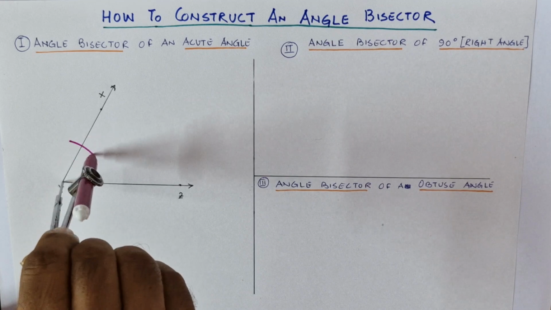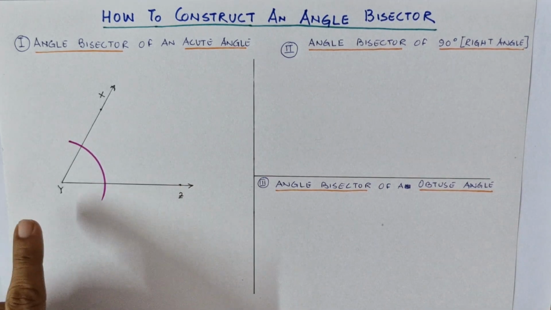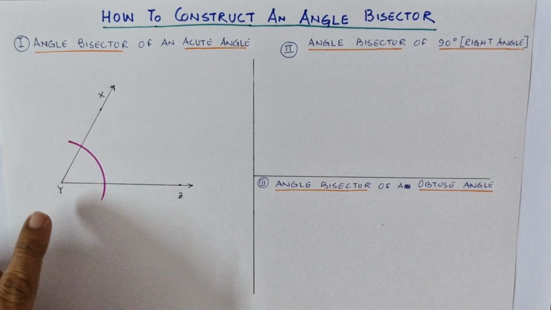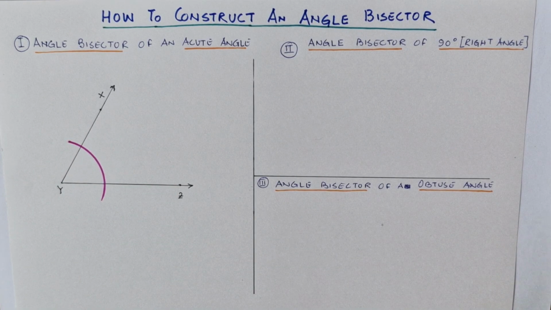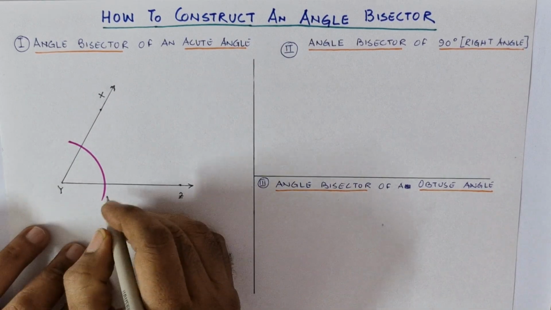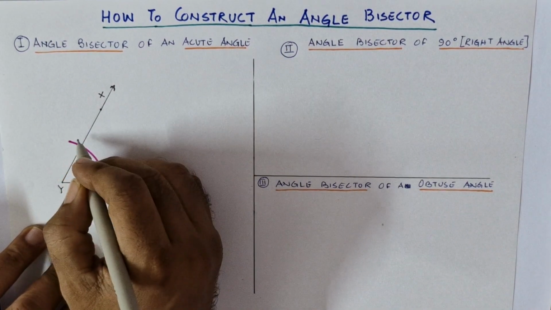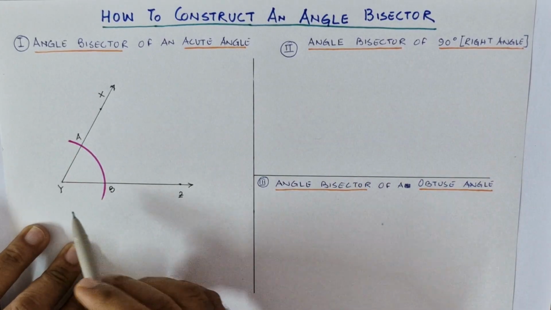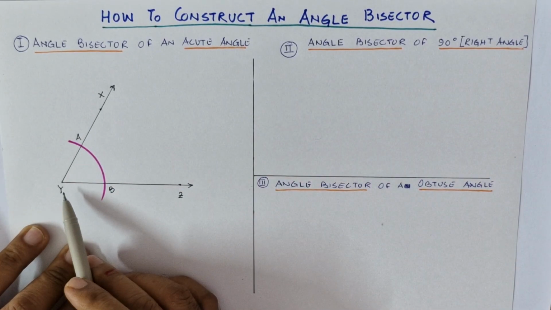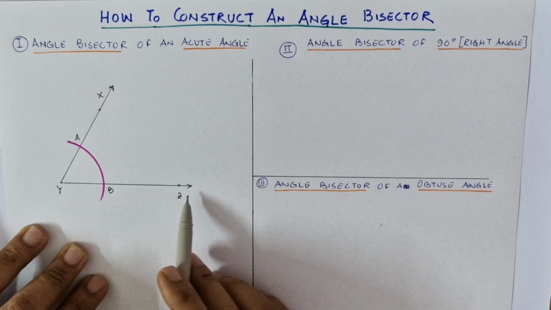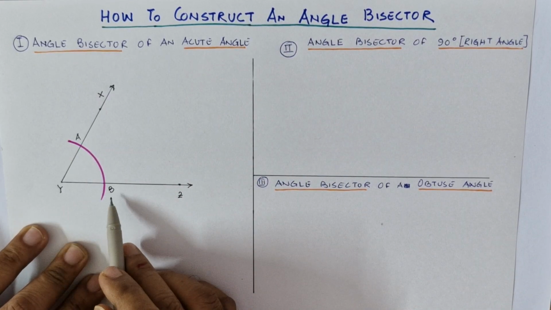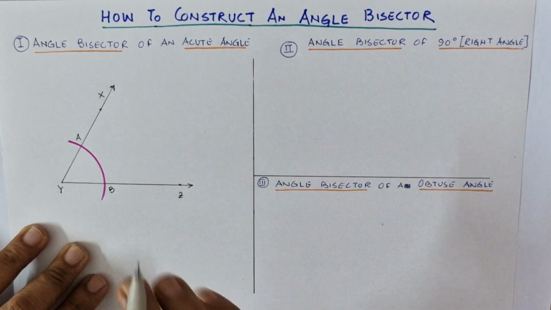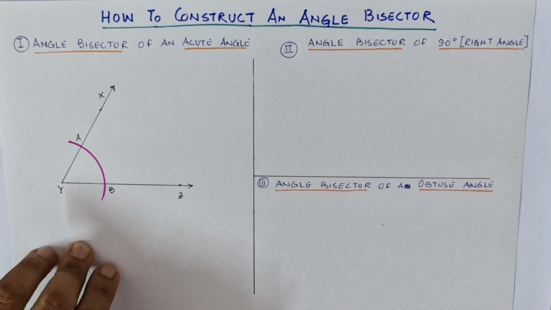Now cutting YZ at a certain point and YX at a certain point. So let's name these points as B and this point as A. So we have drawn an arc with Y as center, cutting YZ at B and cutting YX at A. Got it? So this is the first step.